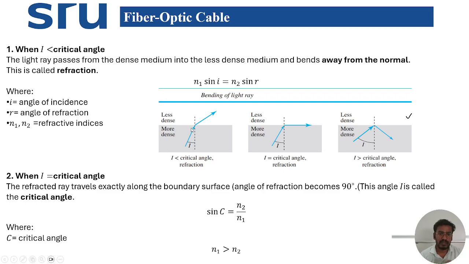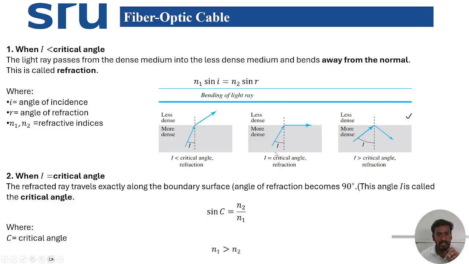This is called refraction, where I is the angle of incidence, R is the angle of refraction, and n1 and n2 are the refractive indices.